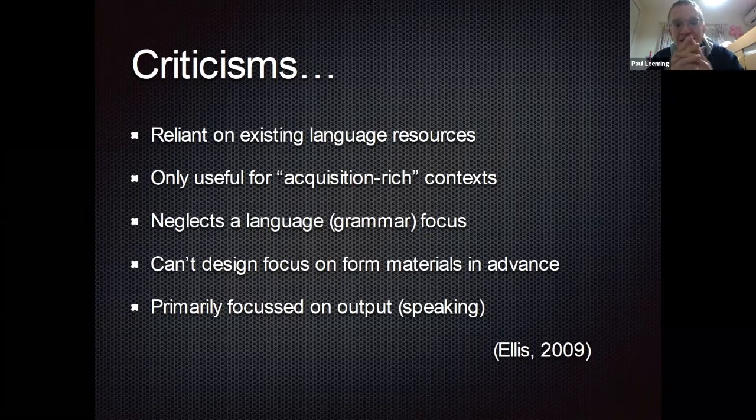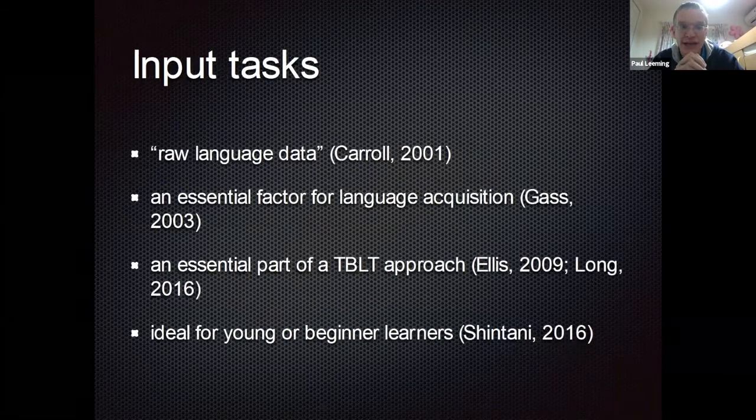So in terms of these, Rod Ellis says that these are generally misconceptions. Most TBLT will have a focus on grammar. The lack of input of language is neglecting input tasks. And that's where the framework that we have created comes in. So you need language.